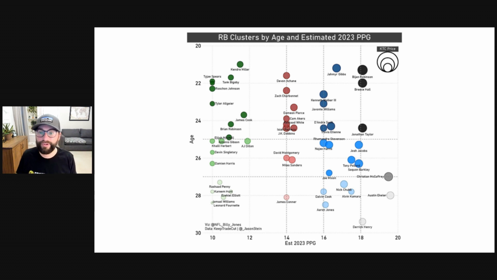I'll just mention real quick, the very bottom left part of the chart. Those are the very, very cheap guys. I'll even include James Conner. He's the very bottom red dot there. And these are the guys that get to that age cliff, and the value is significantly low.